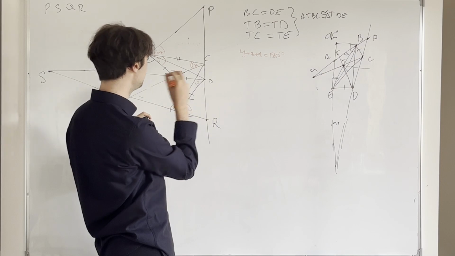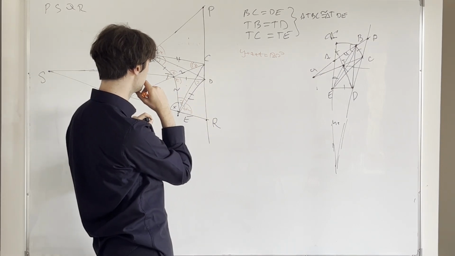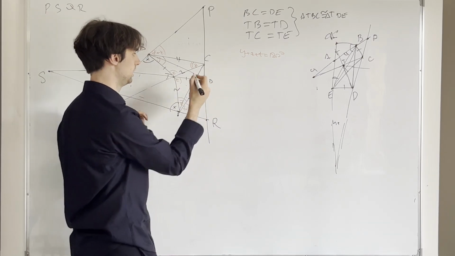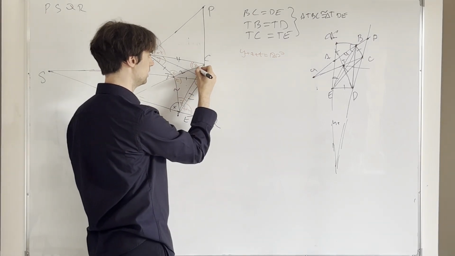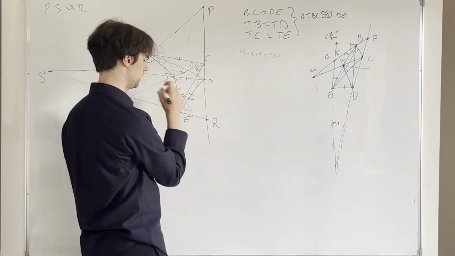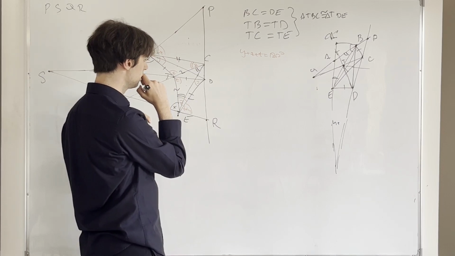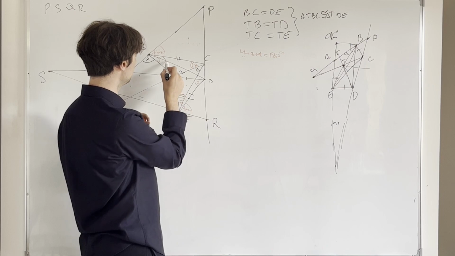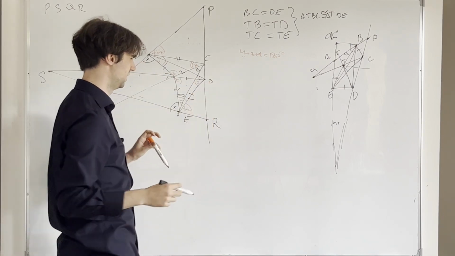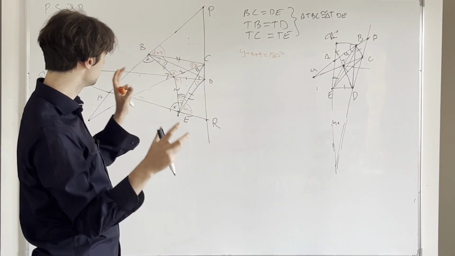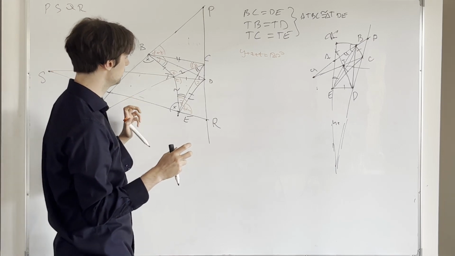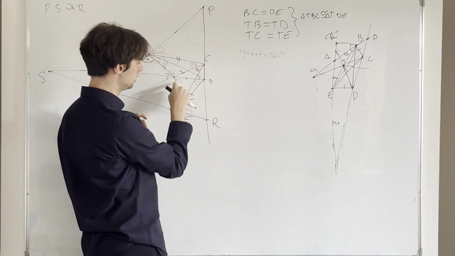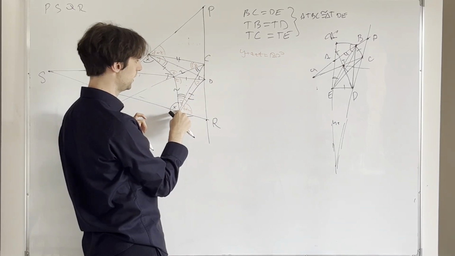Do we have these angles at all? Well, we have that TC is TE also gives us that this angle over here is equal to this one over here. And we also have that this angle is equal to this one. Do these configurations give us anything? Well, the sum of these two angles and the sum of these two angles is identical, right?